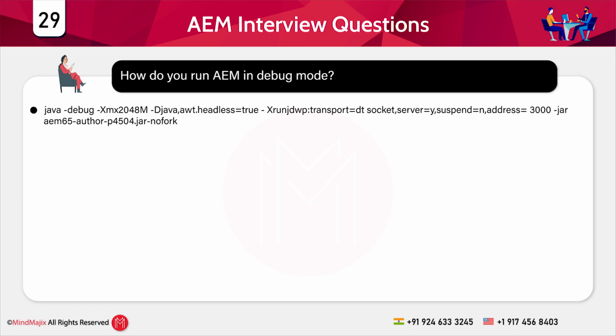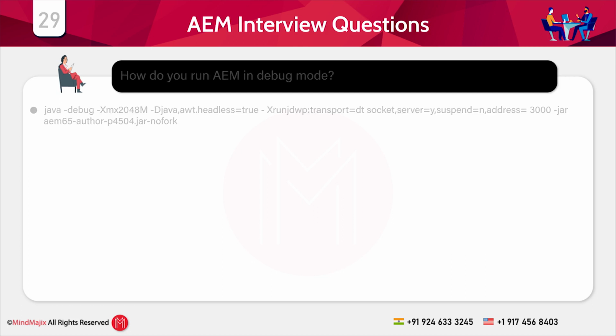So to debug those things, you create your own custom logs for that particular servlet, and then you can start your AEM in debugger mode, so that in Eclipse or whatever developer tool you are using, you can keep your own debugger points and start checking how it is running.